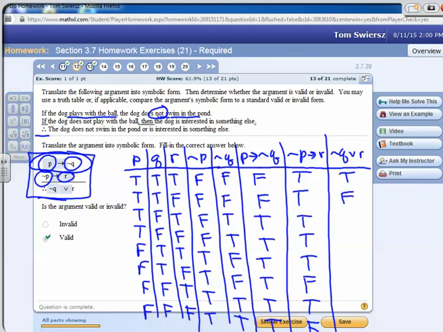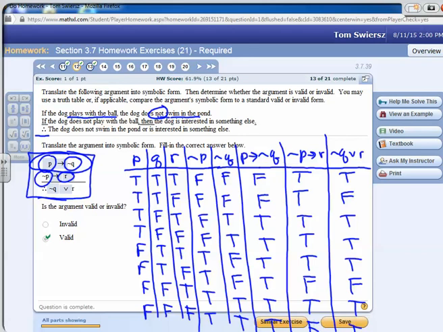True or true is true. True or false is true. False or true, one true is true. Both are false, so it's false. Not Q is true, R is true, both are true. And then finally, not Q is true, R is false, so the disjunction is true.